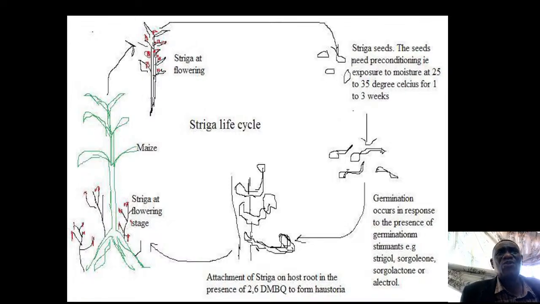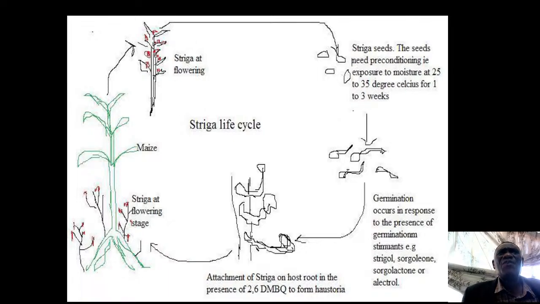Then we move to attachment and post-attachment. The attachment process itself will require another product known as 2,6-DMBQ so that the attachment can take place.